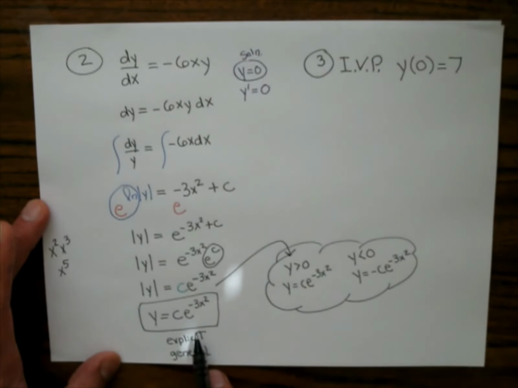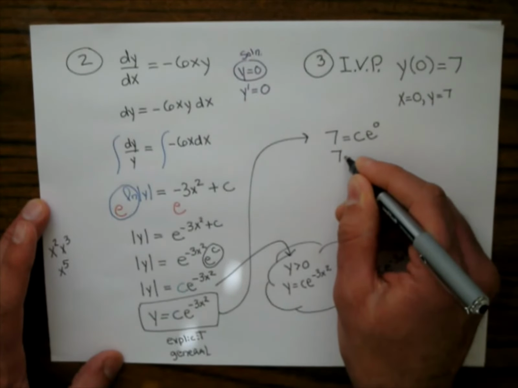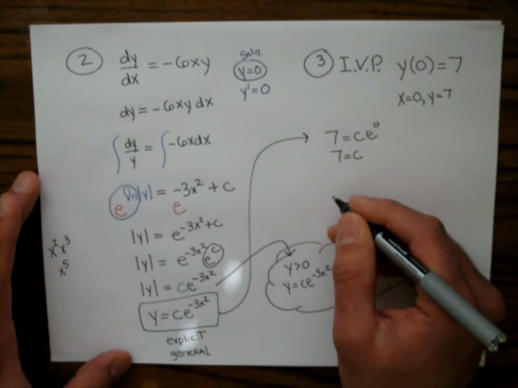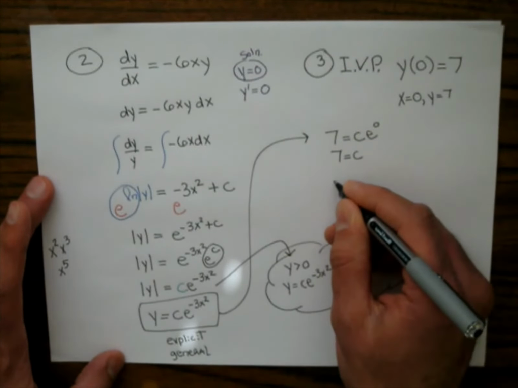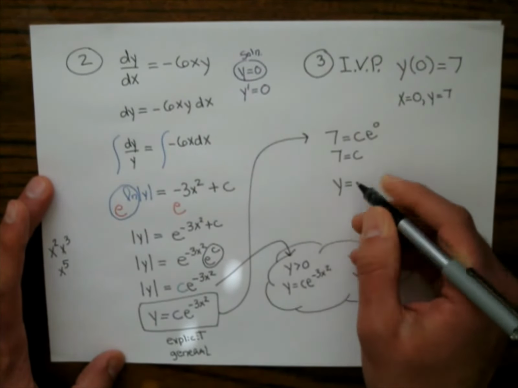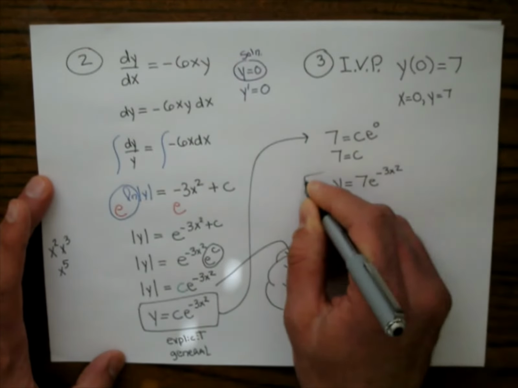So I have 7 equals c e raised to the negative 3 times 0 squared. So that's going to be 0. So you end up getting 7 equals c. So when I write out my solution here, I have y equals 7 e to the negative 3x squared.